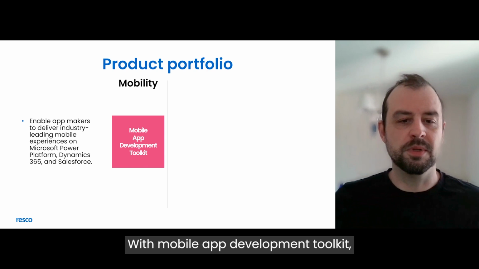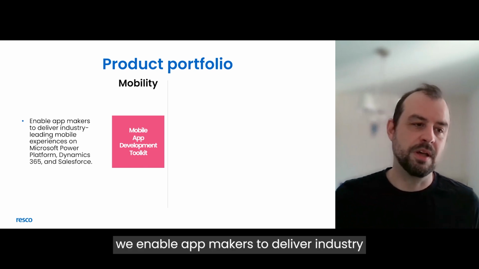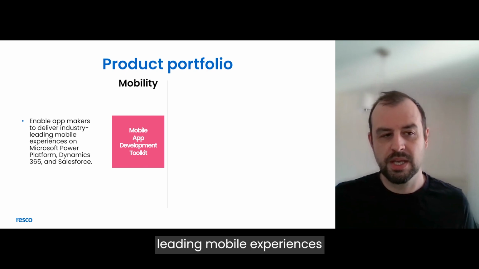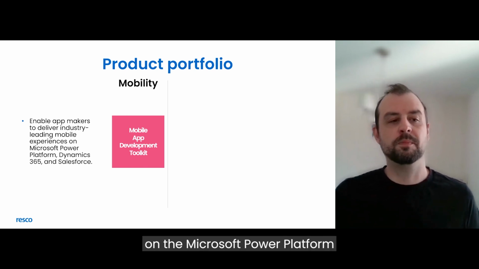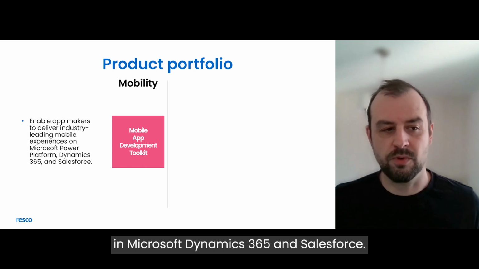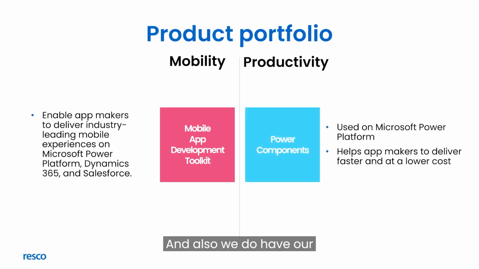With Mobile App Development Toolkit, we enable app makers to deliver industry-leading mobile experiences on the Microsoft Power Platform, Microsoft Dynamics 365, and Salesforce. We also have our productivity line of products, which are Power Components, and they can be used for the Microsoft Power Platform and help app makers to deliver faster and at lower cost.